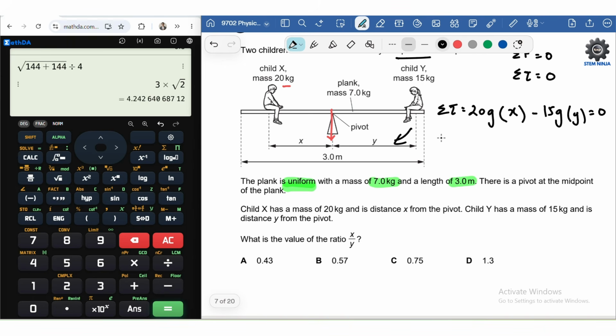Okay, x plus y is 30. Whether we need this or not, we'll see in a second. The other side is 0 because they're in equilibrium. You have 20gx equals 15gy. So the g and g get cancelled. X over y would be just 15 over 20, which is 3 over 4, 0.75.